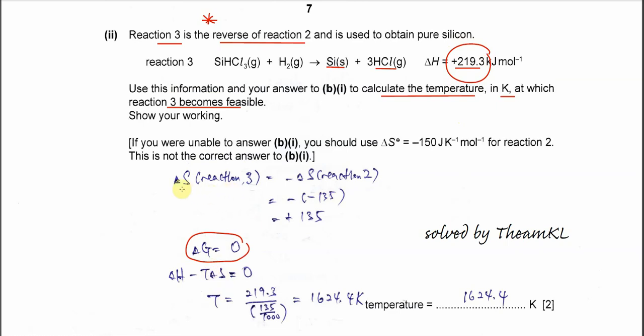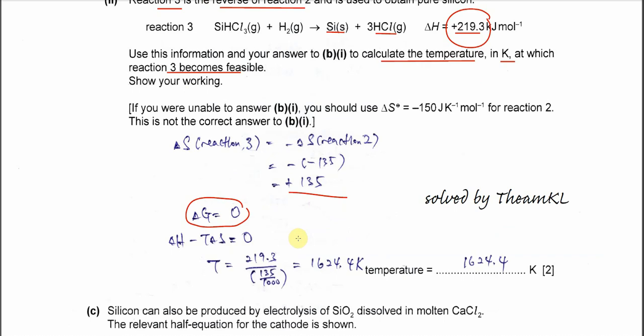So the delta S for reaction 3 is the negative of the delta S of reaction 2 because it's a reverse reaction. So you just use this negative 135. Negative negative is positive, so the entropy for reaction 3 is positive 135. So it's just a reverse of reaction 2, right?